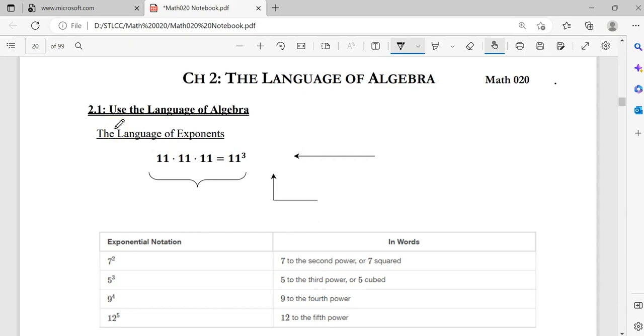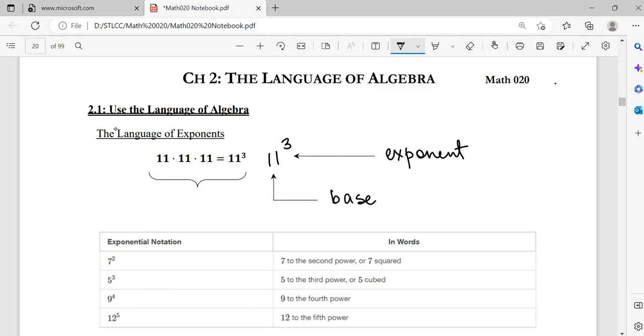So we're going to use 11 to the power 3. In this exponential notation, the actual number is called the base, and the number that's being raised to a power is your exponent.